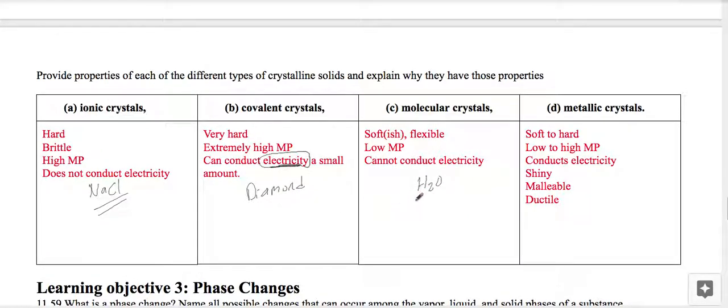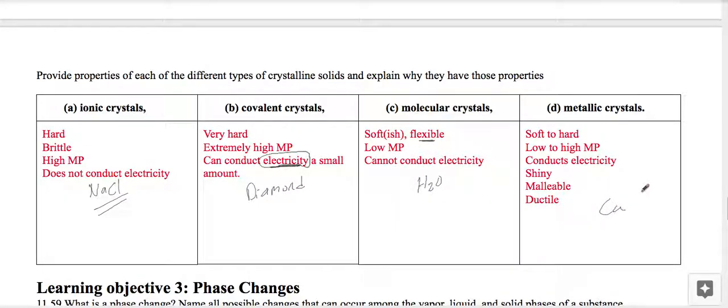The diamond would just scrape it off. Or even if you take metal like iron or a steel scraper to scrape off your sidewalk, it's going to scrape that ice off pretty easily. So this is soft relative to the other things. It's also somewhat flexible, can be shaped in a few different ways. Low melting point, does not conduct electricity.